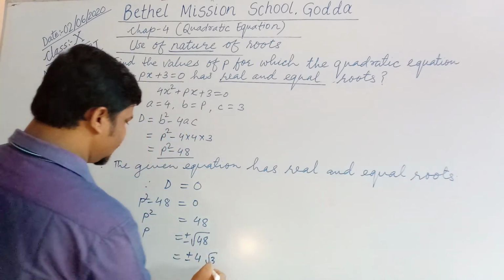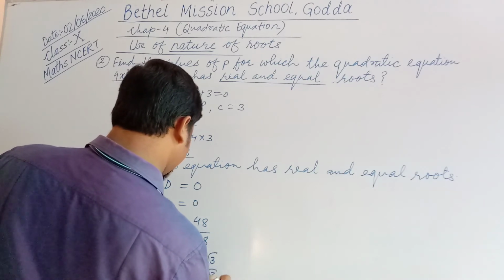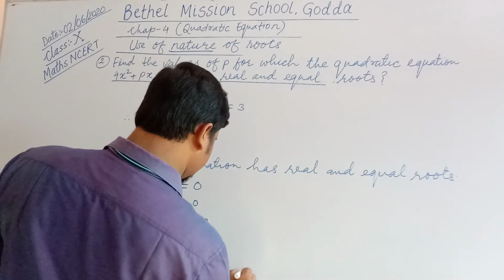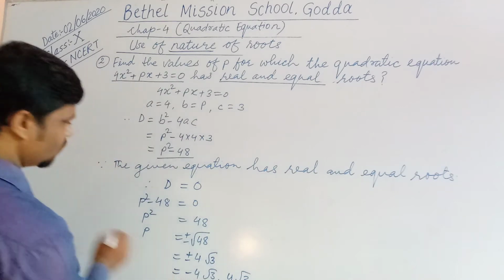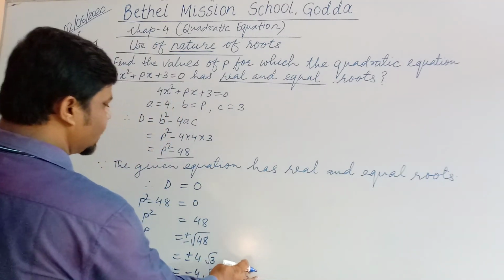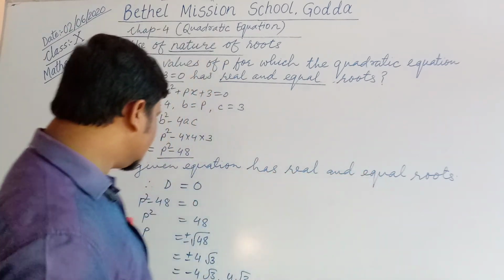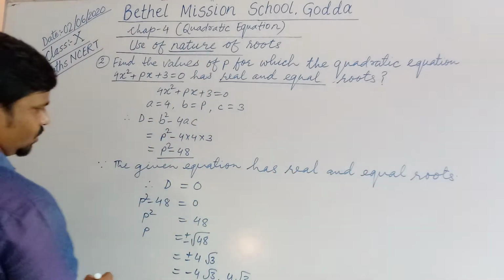So the values of p are minus 4 under root 3 and plus 4 under root 3, and for these values the given quadratic equation has real and equal roots.